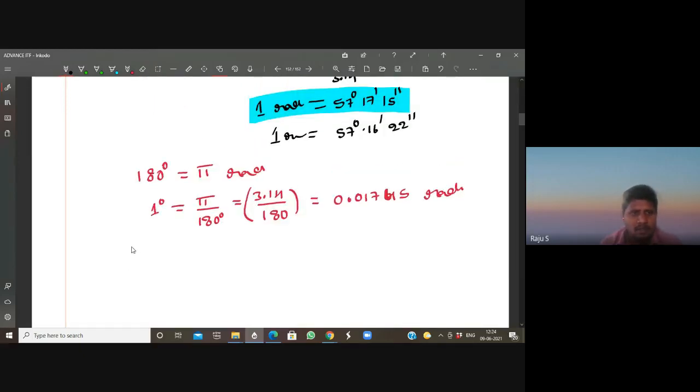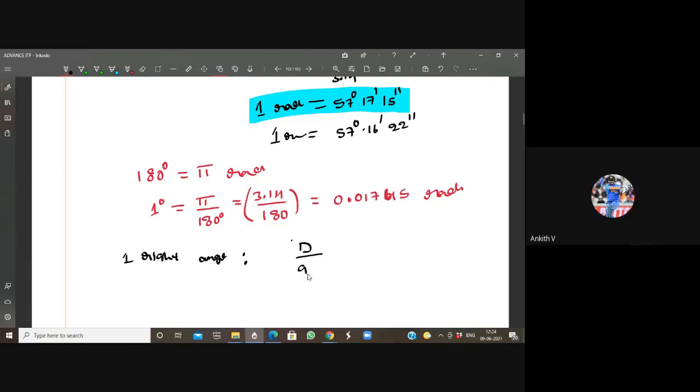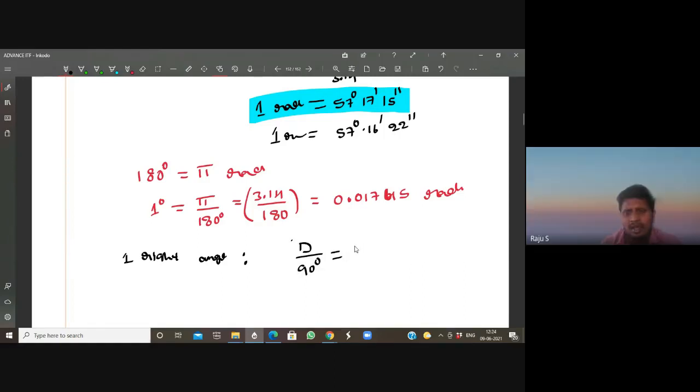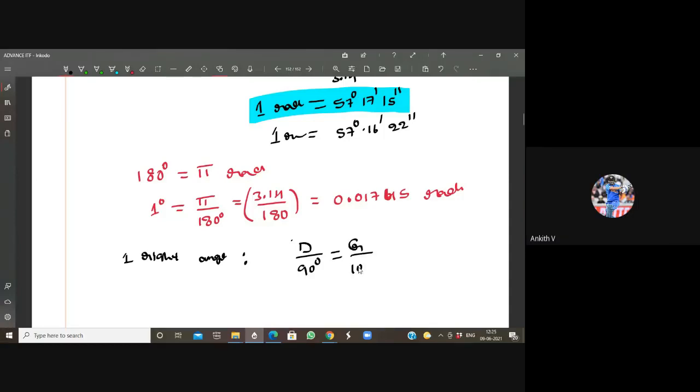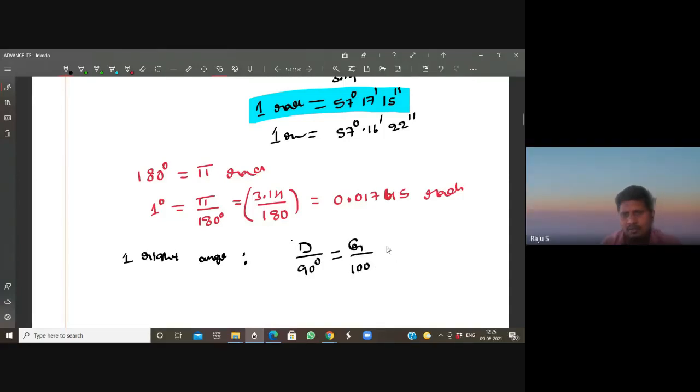Okay, students. Next, what shall we discuss? Now I'm going to write the relation between degrees, grades, and radians. Look here. So 1 right angle. Everything is a right angle only. Am I right? A right angle, which is related to degrees, is 90 degrees. In grades, it is 100 grades.